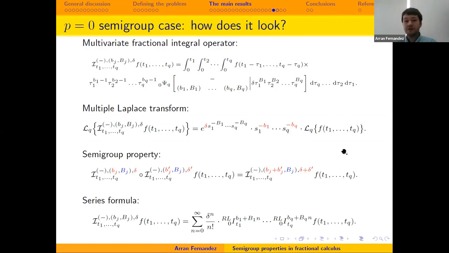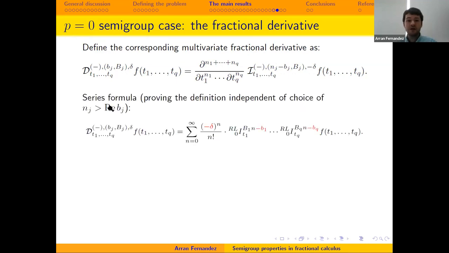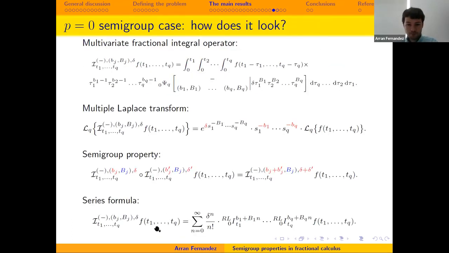Now, how do we define the fractional derivative? We define it like this. It is a repeated partial derivative of the fractional integral, with the appropriate values of the parameters. The series formula proves that the definition is independent of the choice of these n's, same as for Prabhakar. If we compare the series formula with the previous one, here is the series formula for the integral.